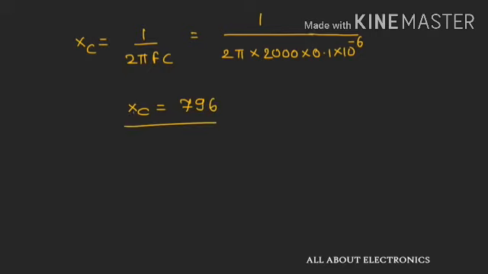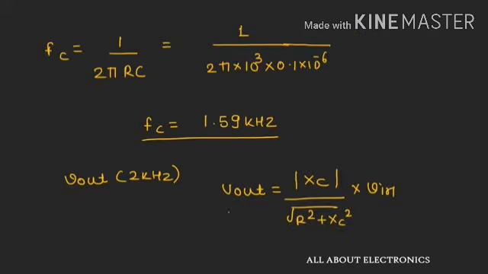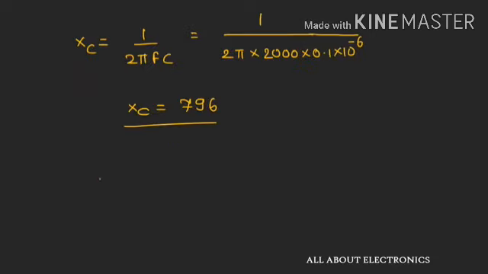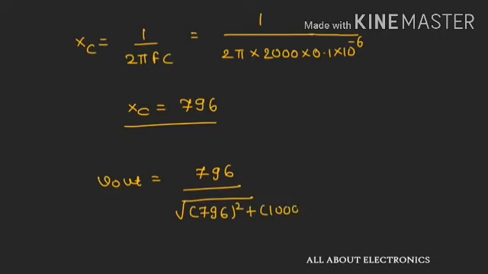And if we put the value of Xc into this equation, then we will get Vout as 796 divided by under root 796 whole square plus 1000 square, into Vin. Here Vin is nothing but the 10 volt sinusoidal input signal. So if we further simplify it, then we will get Vout as 6.22 volt.